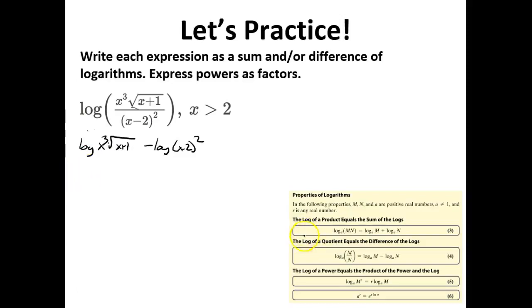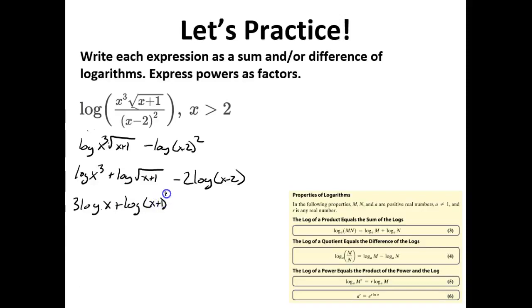So that's the product. The log of x to the third plus the log of a square root of x plus 1 minus, here I have a power. That power can go out in front, log of x minus 2. Here I have a power. That power can go out front, 3 log of x plus, if I want to think of the square root as a power, I can do that.